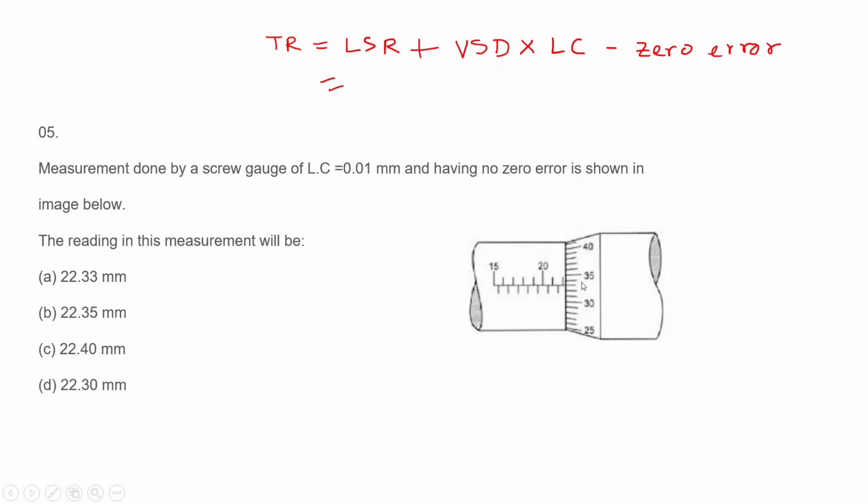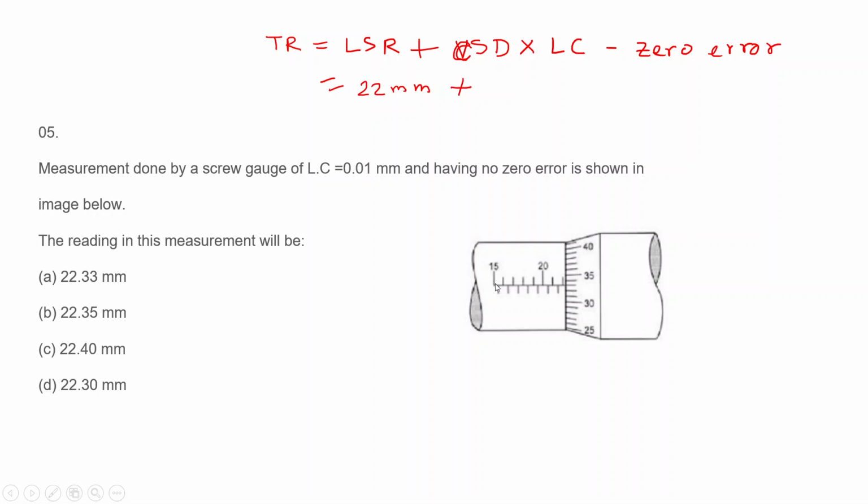We still cannot see the 23rd mark on the linear scale. That means the linear scale reading is 22 millimeter. Plus, now we need to say how many divisions, sorry, this is circular scale division, I'm sorry. How many divisions? Okay, we'll see here.